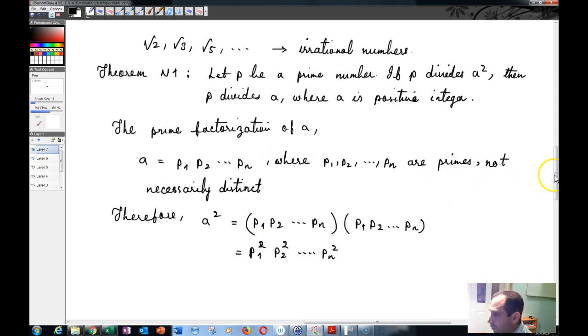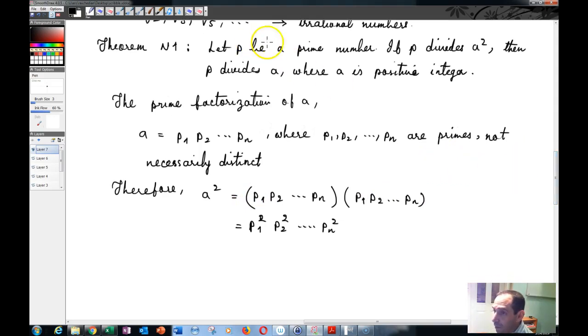Now, we said over here that p divides a squared.